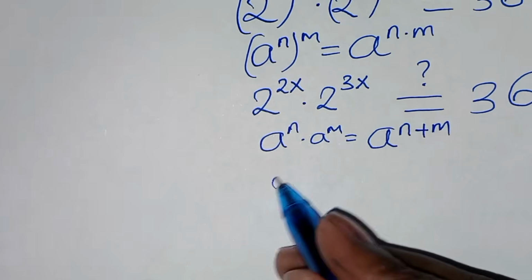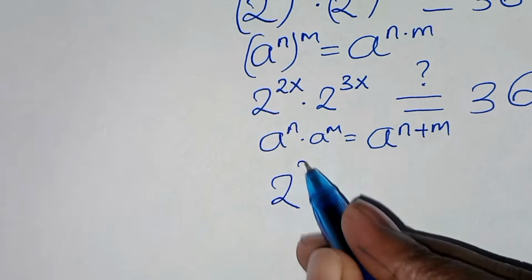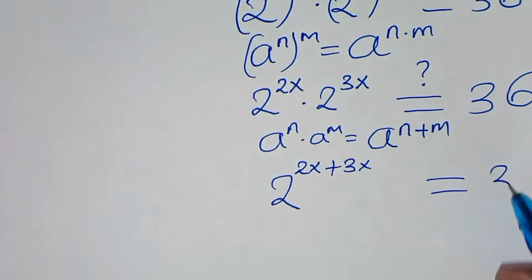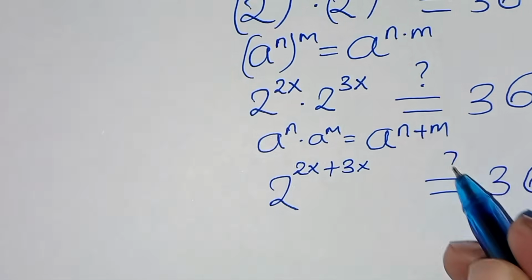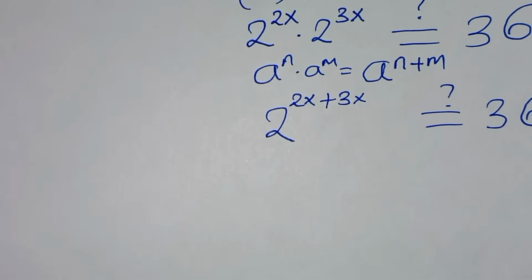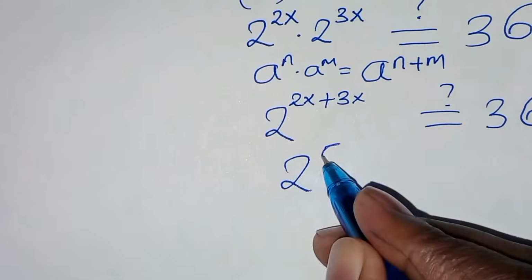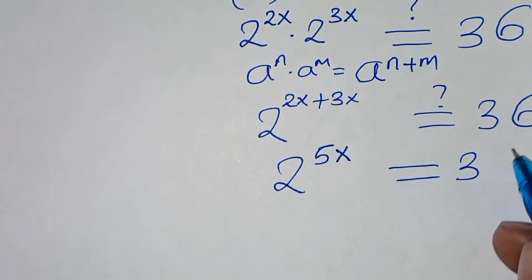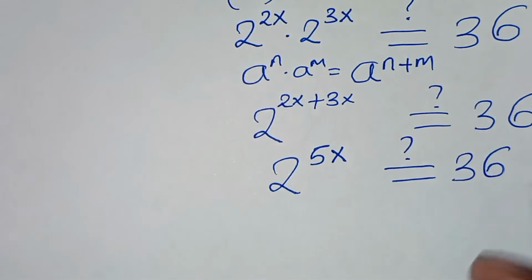So this implies we have 2 to power 2x plus 3x. This should give us a value of 36. So this implies we have 2 to power 5x. This should give us a value of 36.